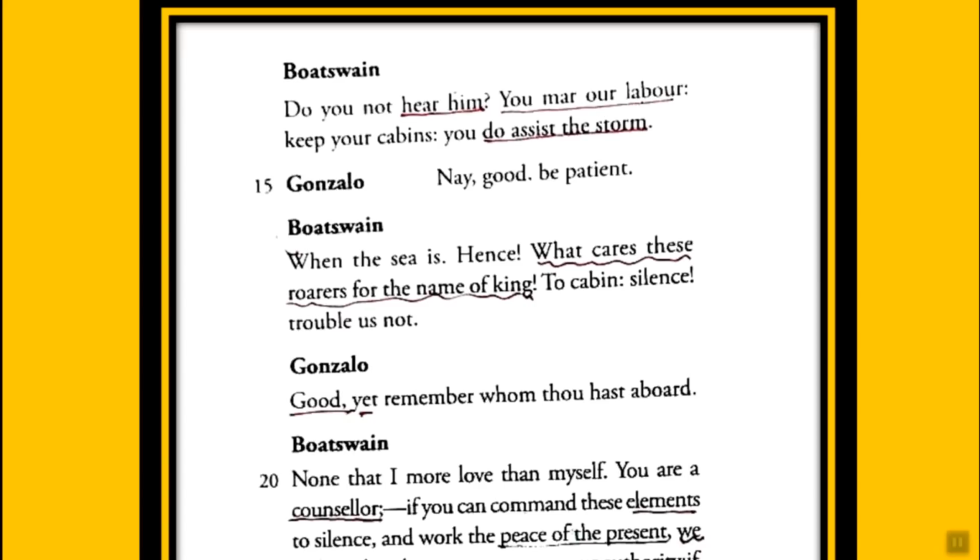Keep your cabins means please go down to your cabins and stay there. You do assist the storm means instead of helping us by coming here and asking questions and bothering us, you are assisting the storm to take over the ship, which finally means we will have a shipwreck.